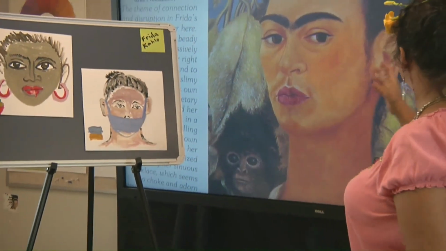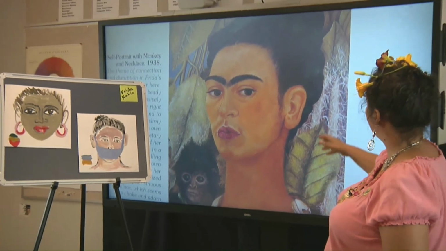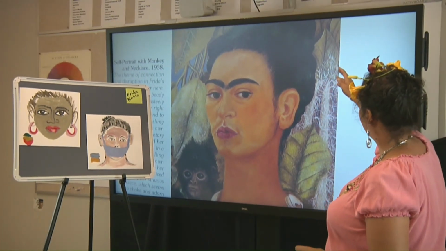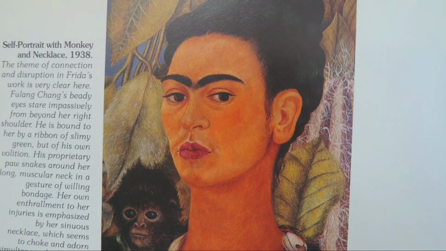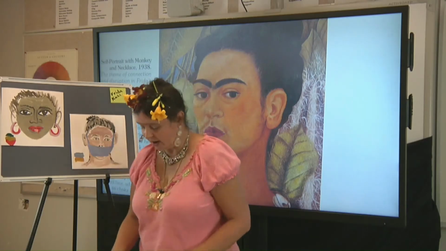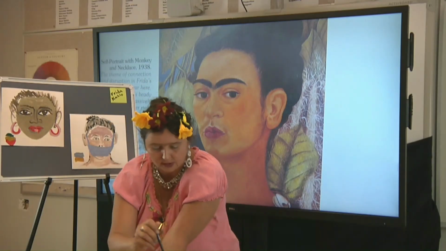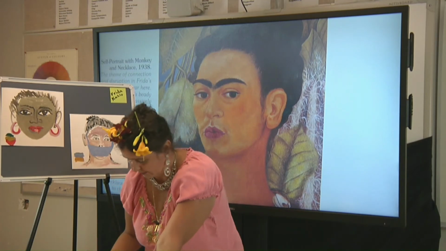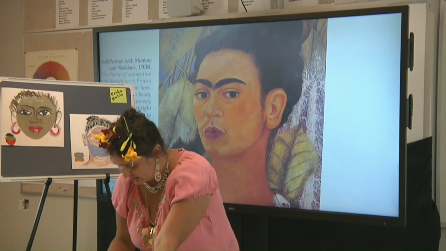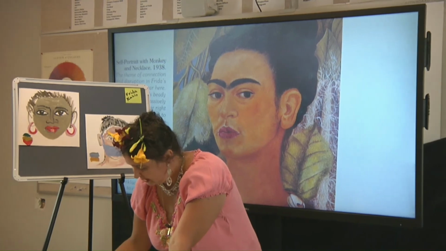Here you can see that she has a leaf and some plant material here, and some plant material here, and a monkey. So I'm going to paint the background of this painting with leaves. So I take green, a little bit of yellow.